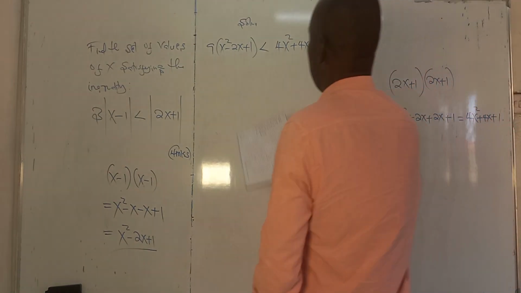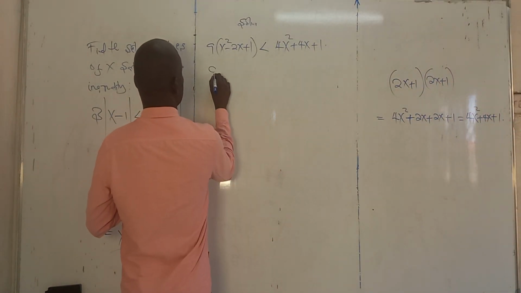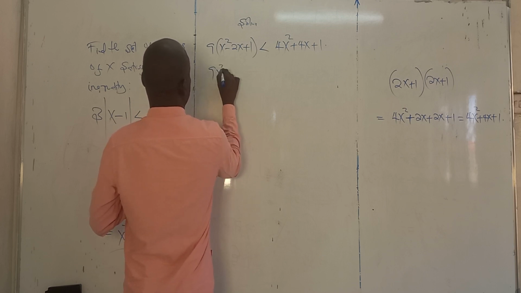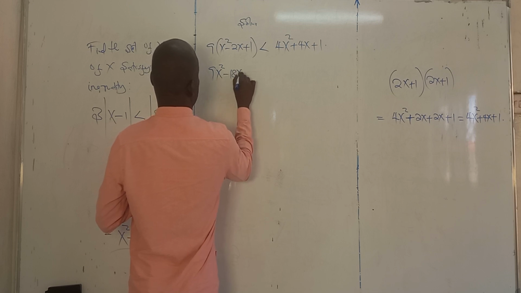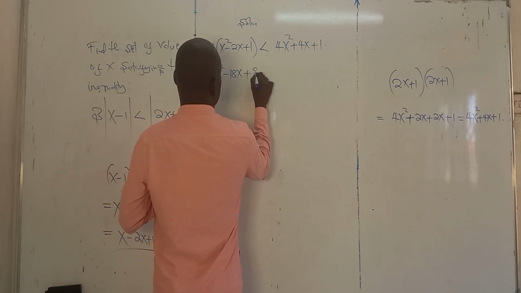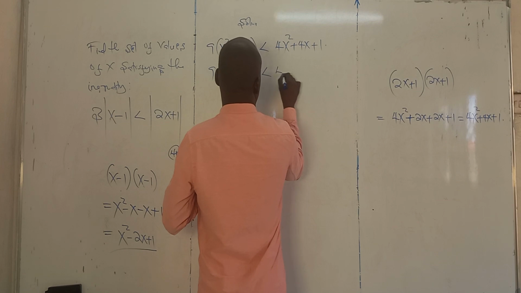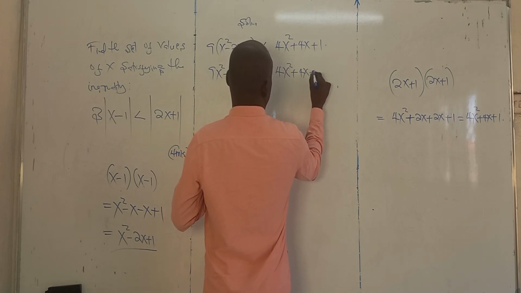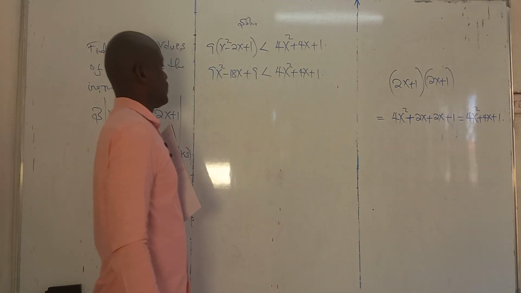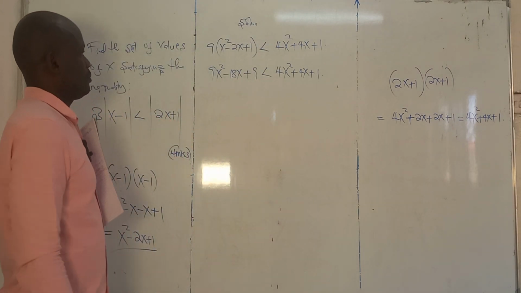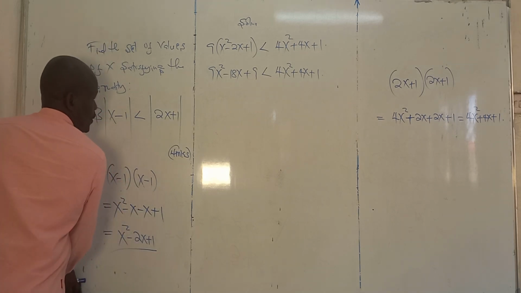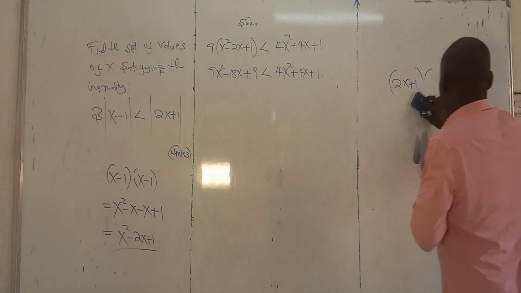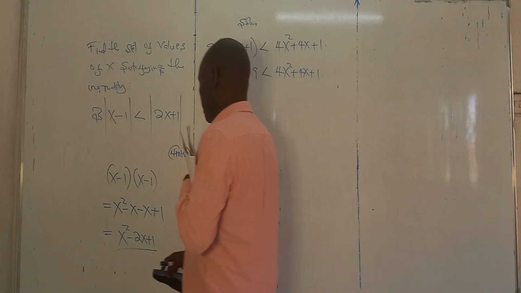Now I can open up this bracket, and that gives me 9x squared minus 18x plus 9 is less than 4x squared plus 4x plus 1. I then need to collect the like terms and see the behavior of the whole function.